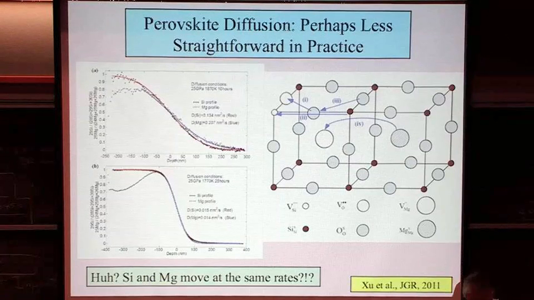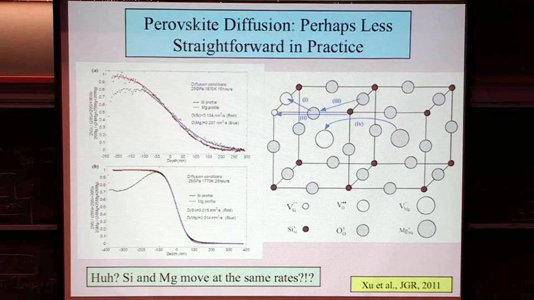It's got a divalent cation, Mg2+, silicon 4+, oxygen 2- in it. You'd think those would move at different rates. Actually, what it looks like is, and this is data from isotopically doped samples, you have basically 25 magnesium put in instead of 24 magnesium, 29 silicon instead of 28 silicon in these samples. And this is in silicate perovskite.